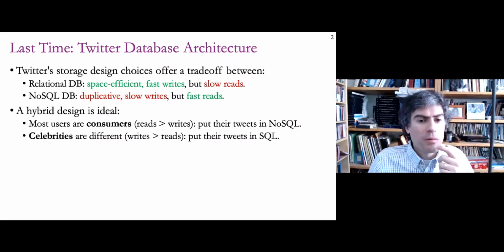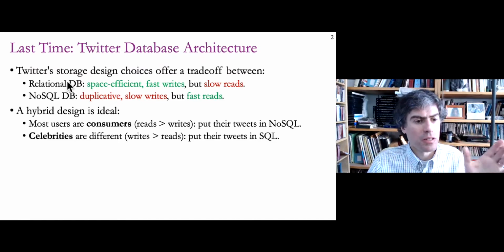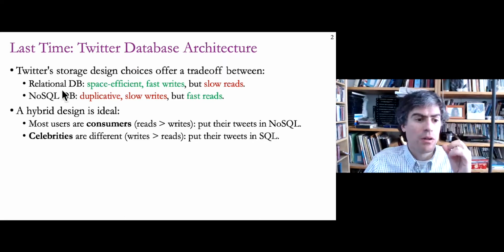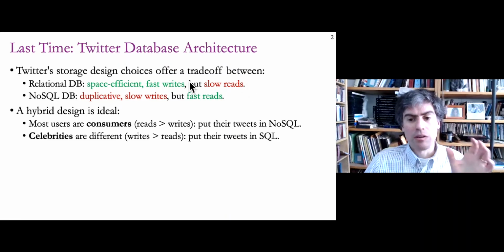Last time we talked about a hybrid database architecture that can be used for Twitter. We showed the original design, which was logical and efficient, using a relational database, but had really slow reads because it involved joining multiple tables.